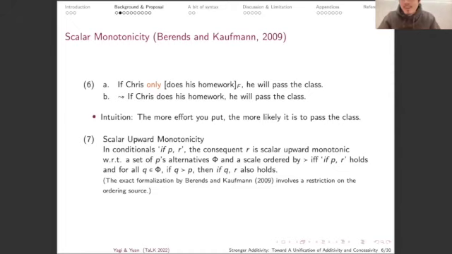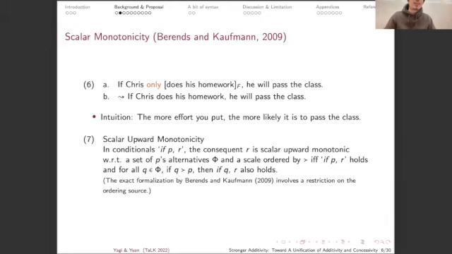So the semi-formal format is shown in 7. In a conditional 'if P, R', the consequent is said to be scalar upward monotonic with respect to a set of P's alternatives and the scalar ordering, the 'better than' or 'more likely' relation, if and only if 'if P, R' holds, and for all Q in the alternatives, if Q is more likely or more effort than P, then 'if Q, R' also holds.